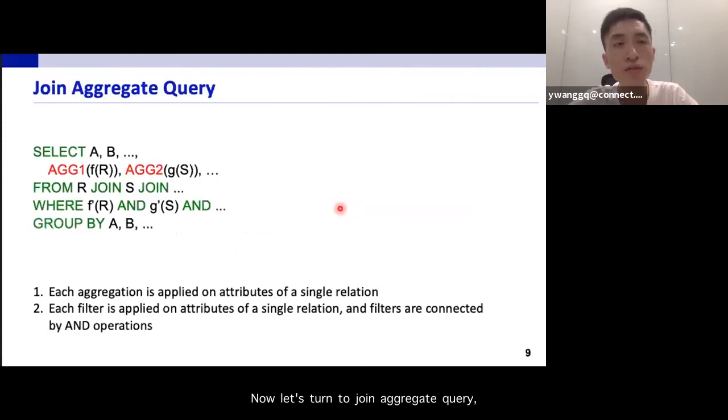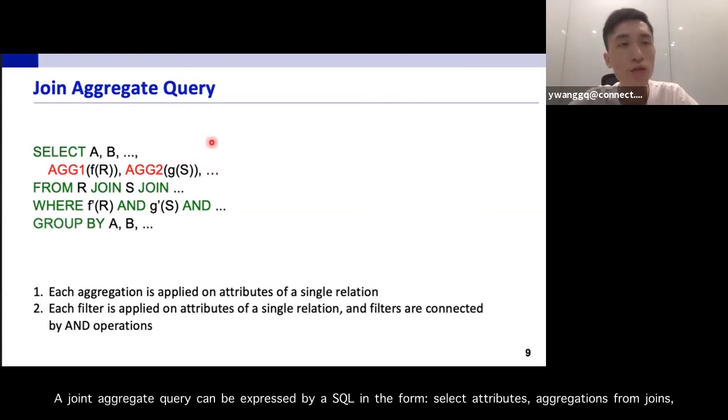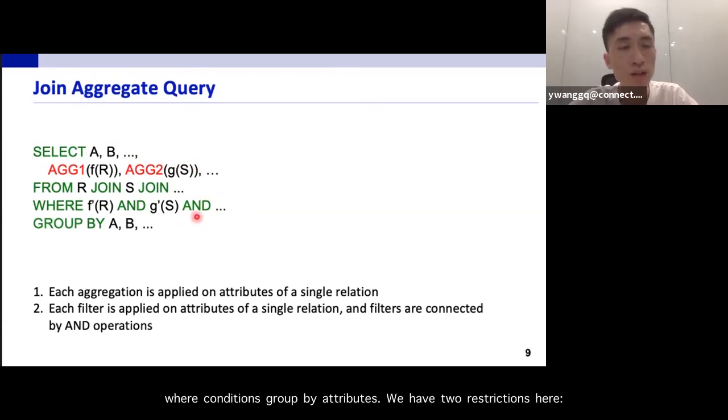Now let's turn to join aggregate query, which is a query having joins, selections, and aggregations. A join aggregate query can be expressed by SQL in the form: select attributes, aggregations, from joins, where conditions, grouped by attributes.